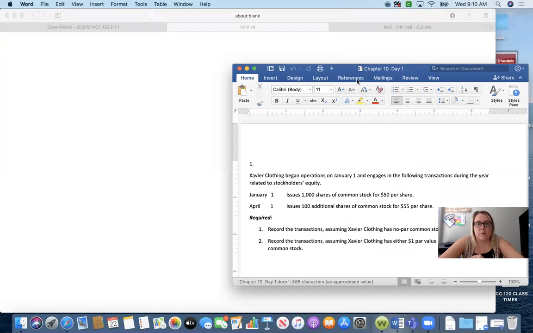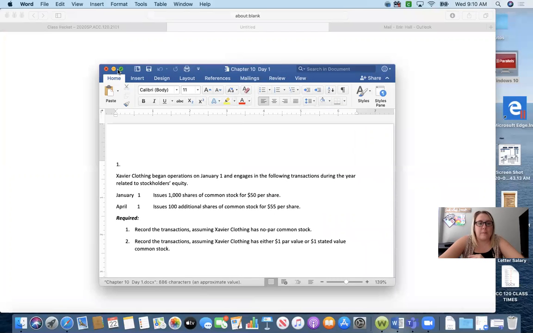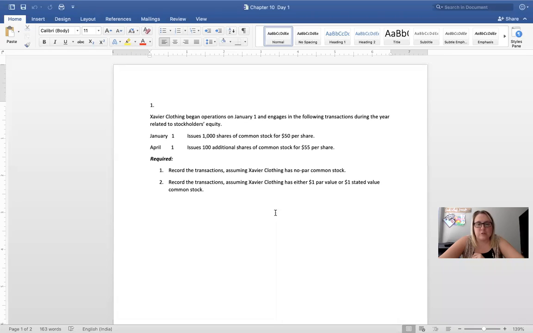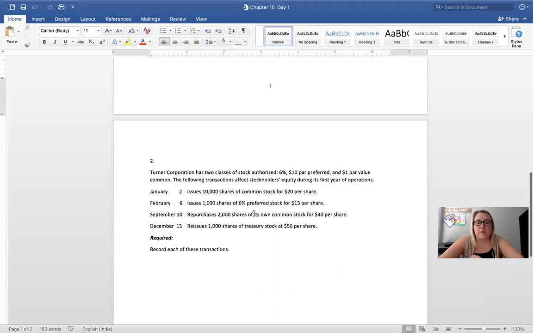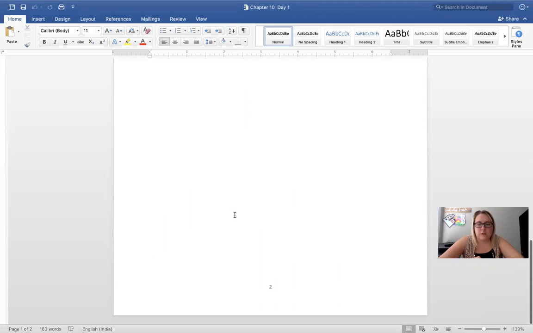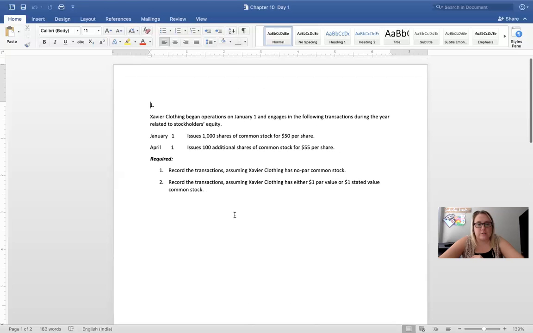But this was the day 1 packet, talking about issuing common shares as no par value and par value, issuing shares, repurchasing your own shares as treasury stock, and then reselling only part of your initial purchase of treasury stock. There are only 2 questions there, so it shouldn't take me very long to work on those, and I'll post the answer key to that tomorrow, as well as the answer key to the part 2 packet.